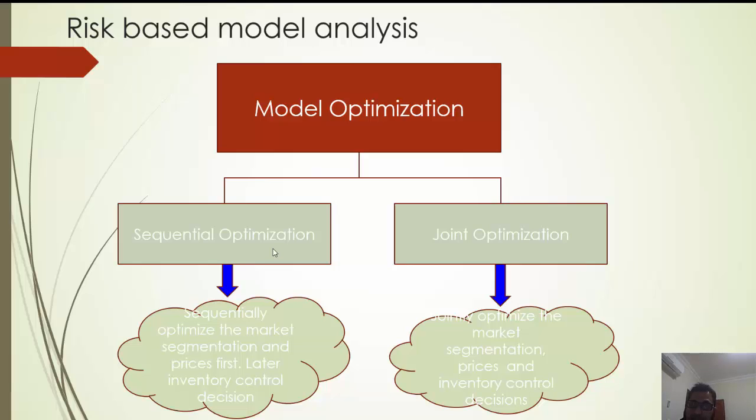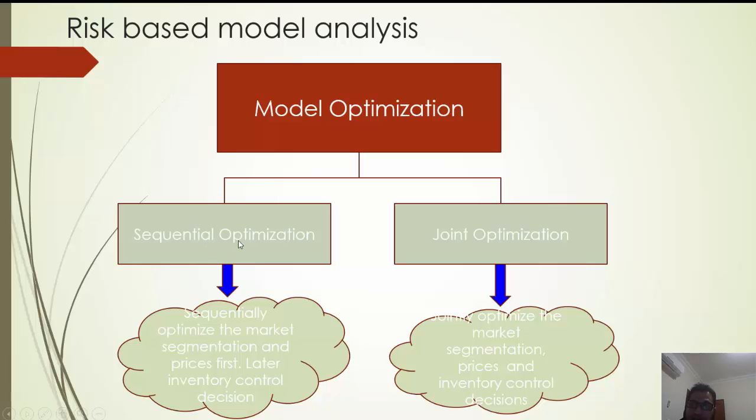For instance, here they may decide the price first, and later on they decide on the quantity or the inventory decisions given the prices are known. So first prices are optimized and then the inventory decisions are optimized. But here, the two decisions are taken jointly.